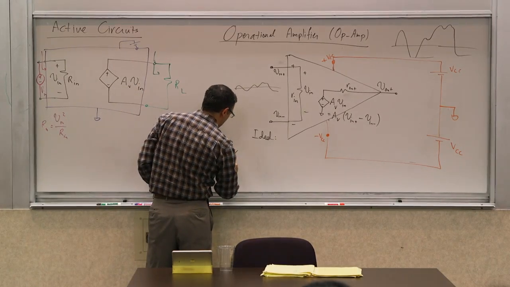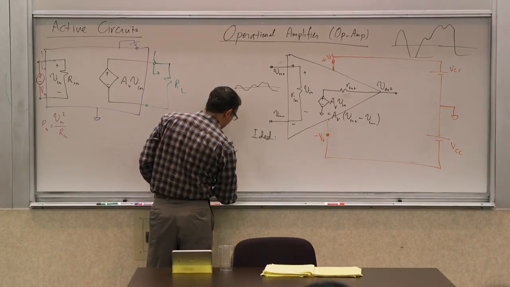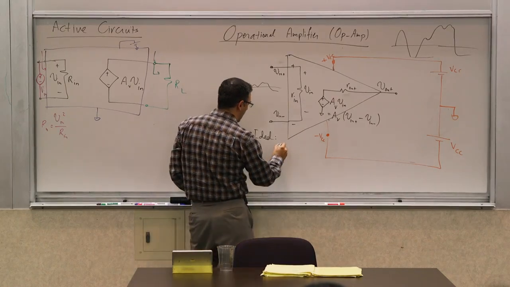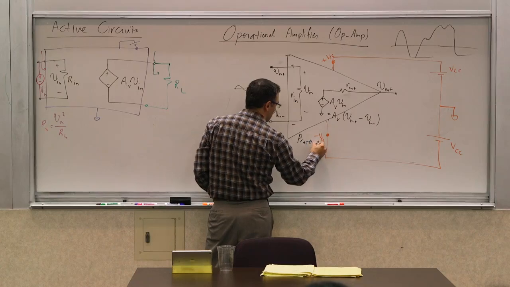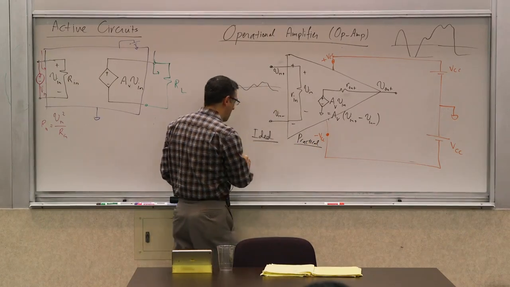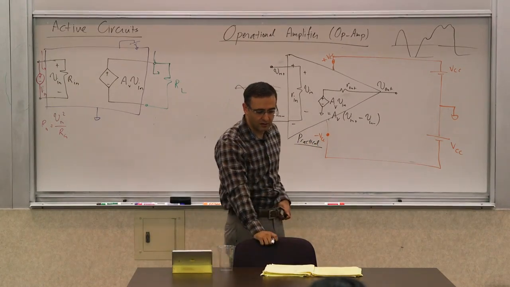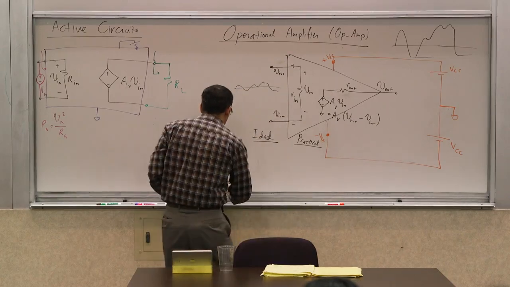Voltage gain, R in, R out, ideal and practical. So ideally, what do you expect the R in and R out to be? And maybe even VCCs.